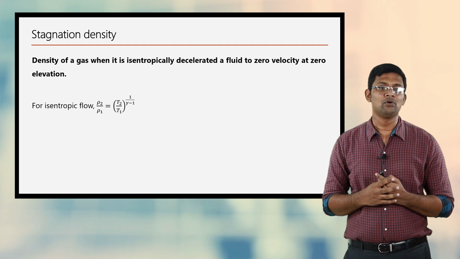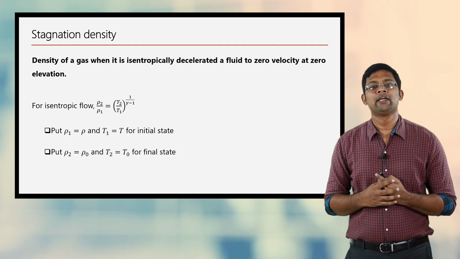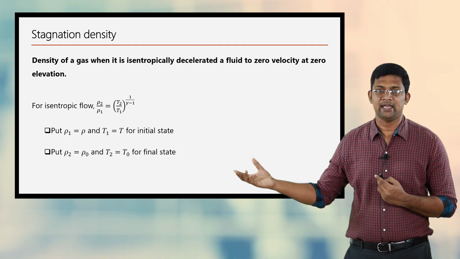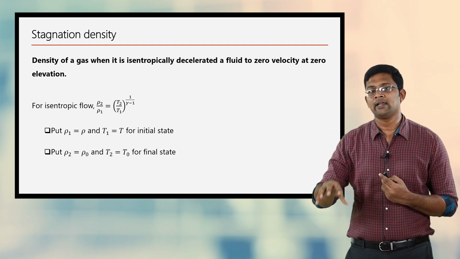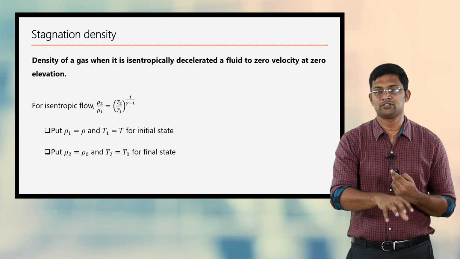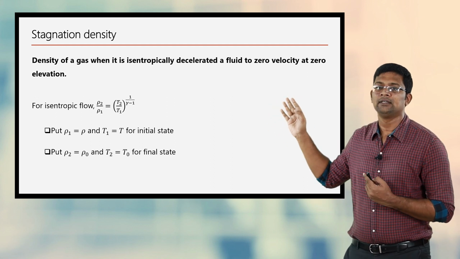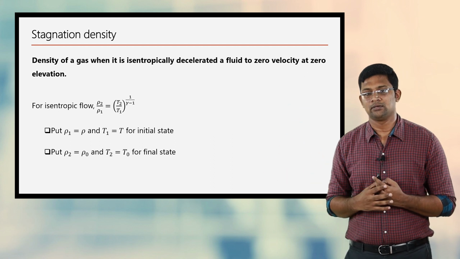Now we are making the changes as told before, substituting Rho1 with Rho and T1 with T for the initial states. For the final states, as we are decelerating to zero velocity, the final state will correspond to stagnation conditions. So the density Rho2 has to be changed to Rho0 and temperature T2 has to be changed to T0, the stagnation properties.